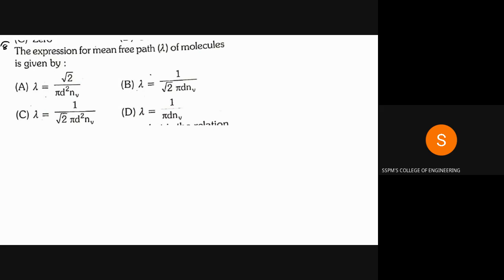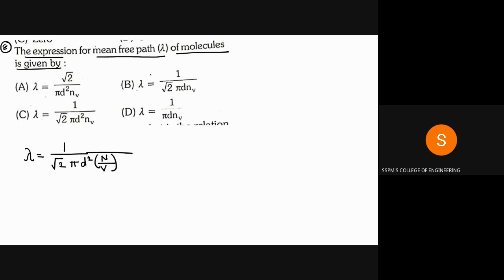Okay, refer question 8. The expression for the mean free path, which is lambda, of a molecule is given by the equation. So the equation for mean free path is lambda is equal to 1 upon square root 2 pi d square n, number of molecules divided by the total volume.